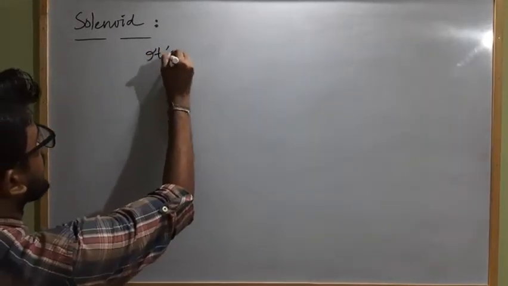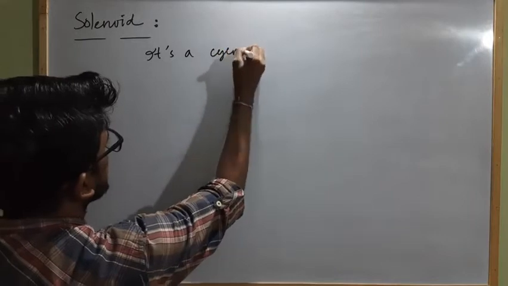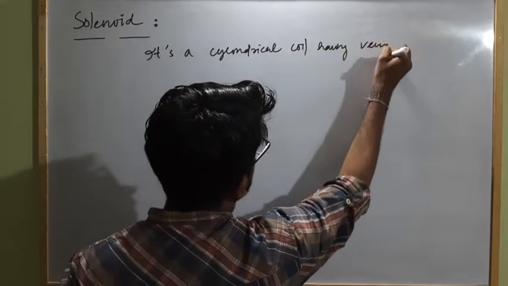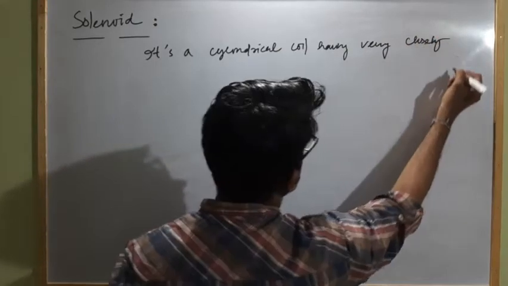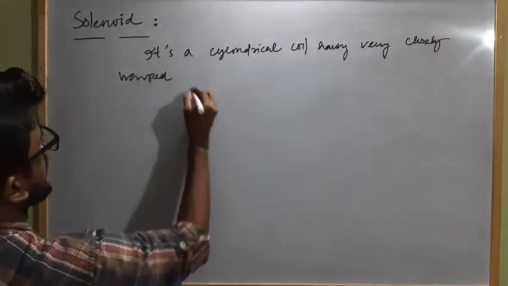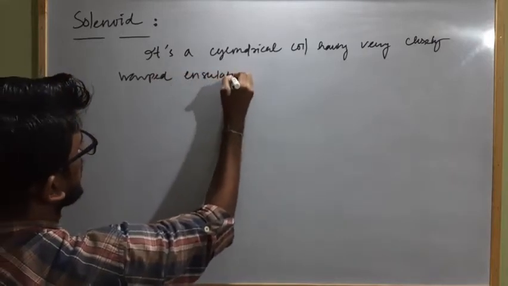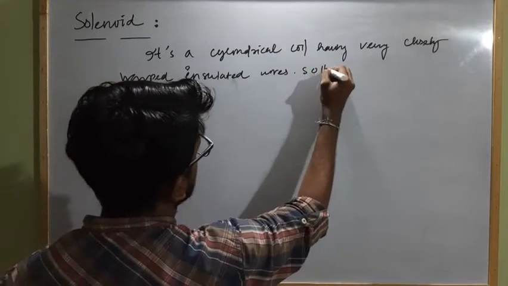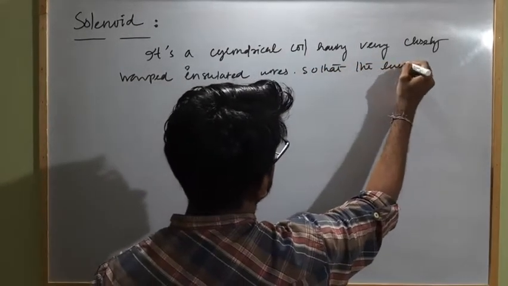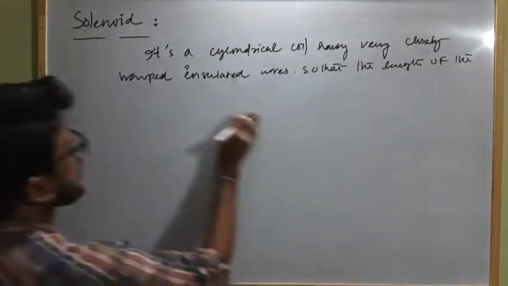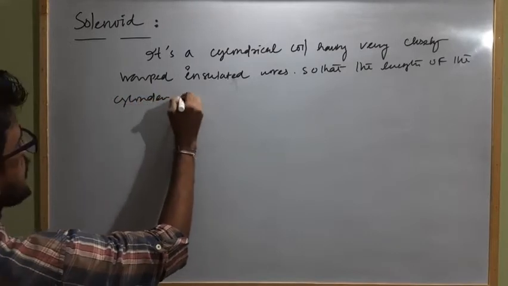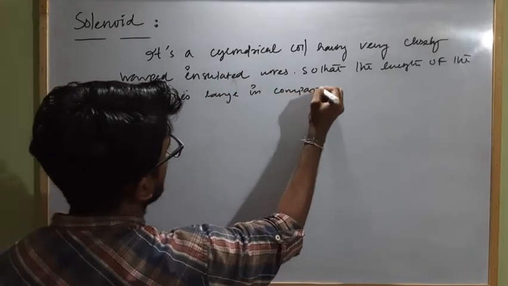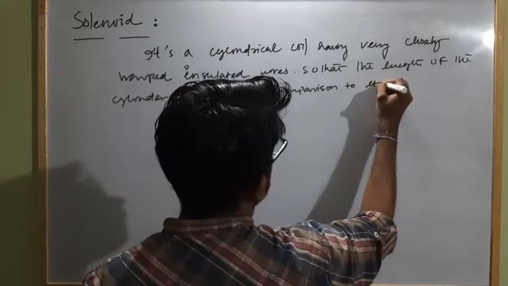It's a cylindrical coil having very closely wrapped insulated wires so that the length of the cylinder is large in comparison to its diameter.